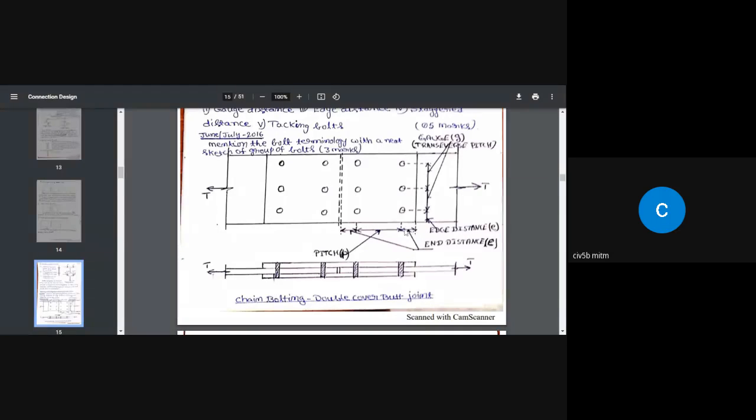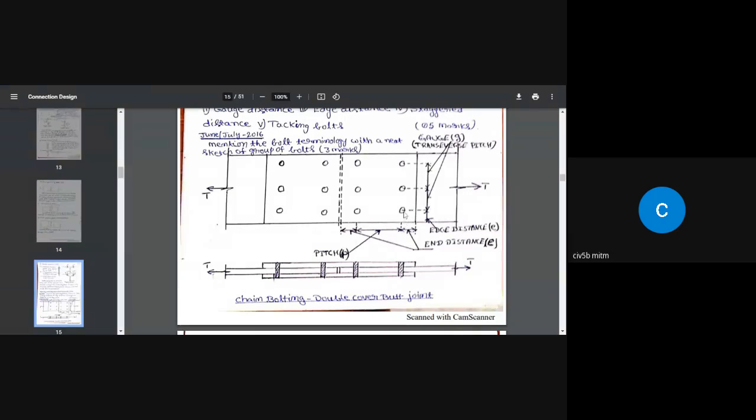Okay, I repeat, any distance between two successive bolts in the direction of the force is called the pitch, represented by small p. The distance between two successive bolts in the direction perpendicular to the direction of the applied force is called the gauge or transverse pitch.